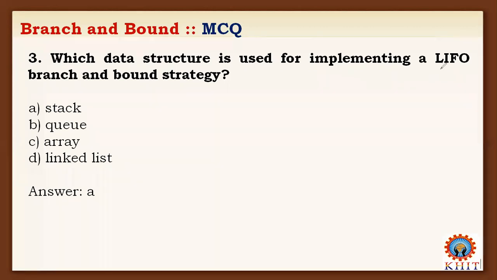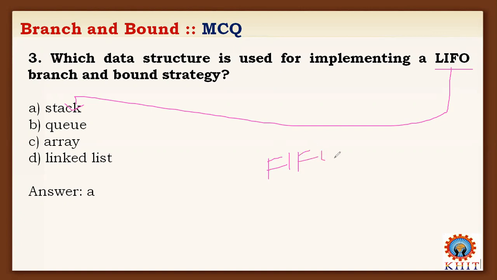Last in, first out will always focus on stack, whereas FIFO, first in, first out, will always focus on queue. So in this way, you can answer the questions. Very, very important. Do not neglect this question. Okay.